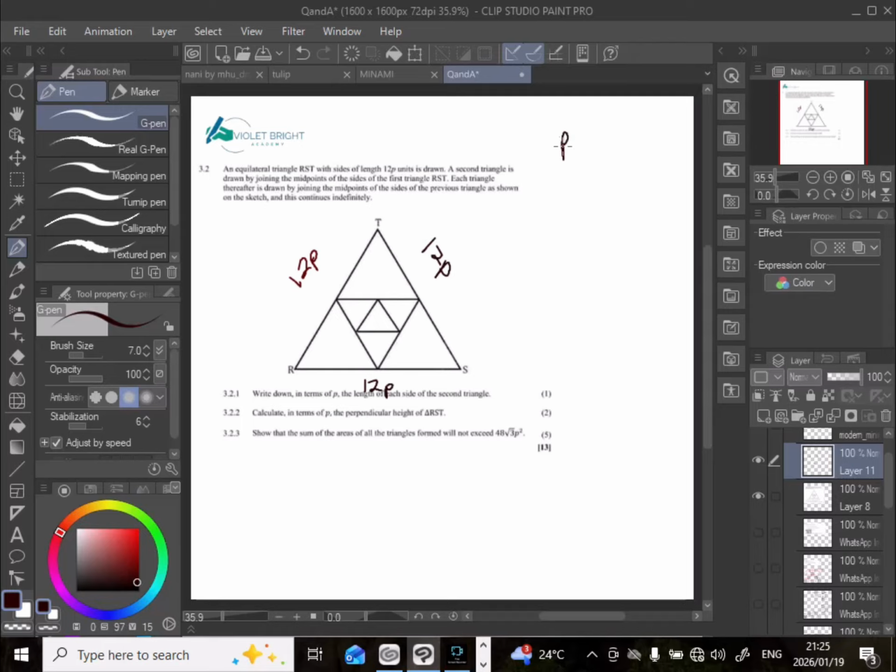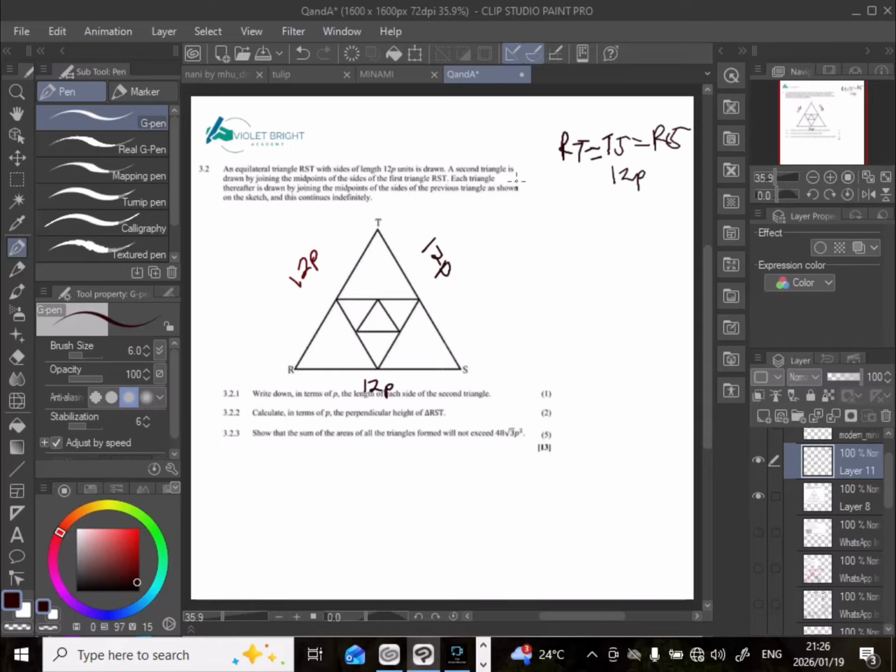RT, here we are just doing geometry, but it's just normal grade 9 stuff. And the RS, so we know that they are equal to 12p.